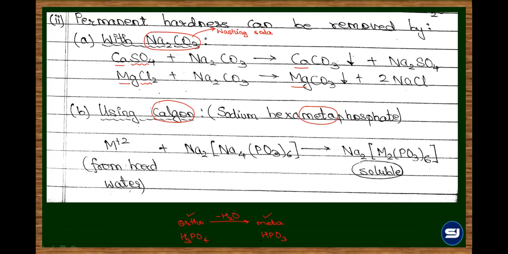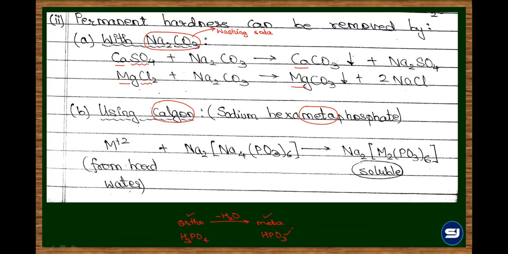And the salt of metaphosphoric acid would be called metaphosphate. I have explained the concept. The salts of an acid ending with ic are always named ending with ate.